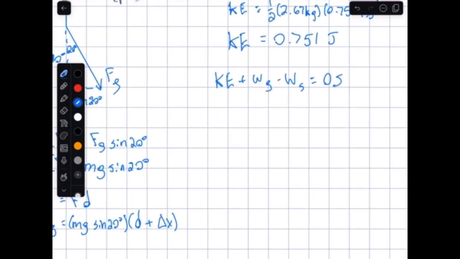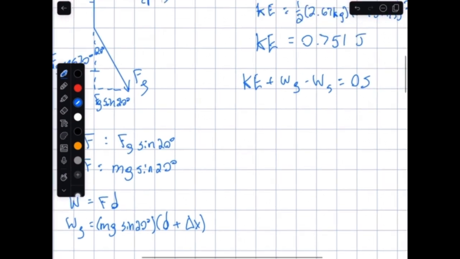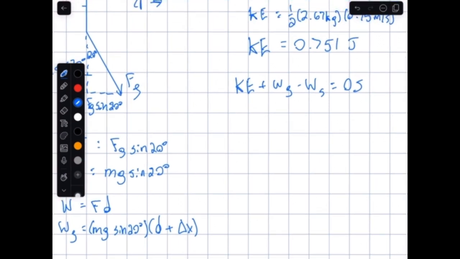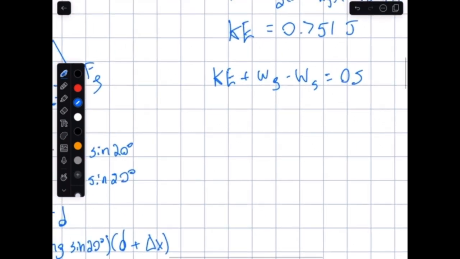Okay. So we know work by gravity is, I'll rewrite this a little bit. So we know work by the spring, which involves the spring constant. We can call that work spring.